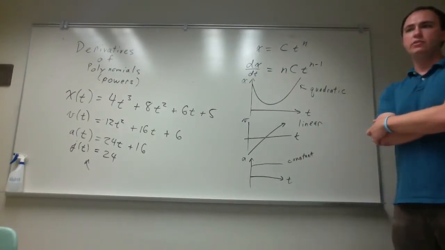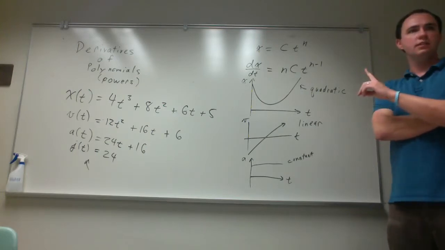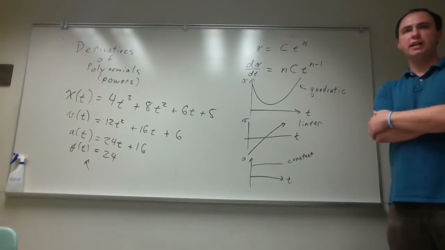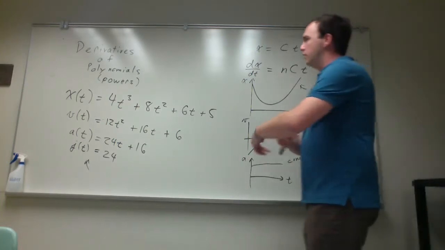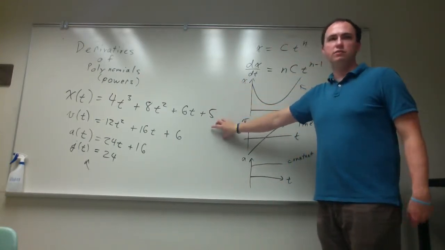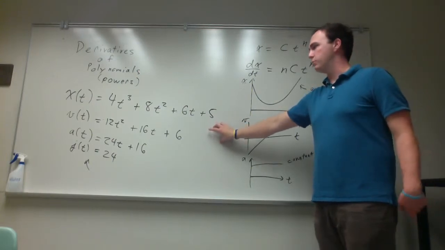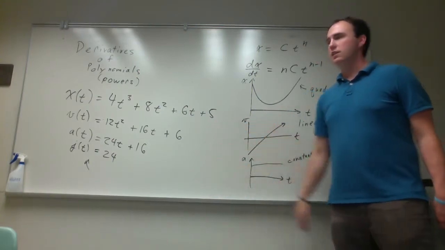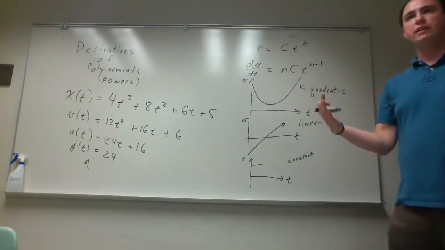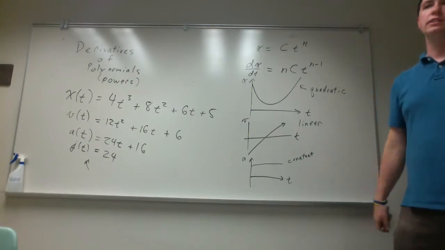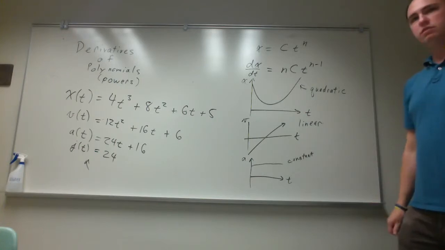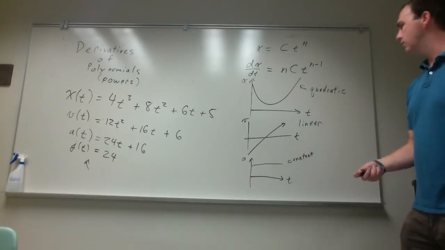So those are kind of the main things, right? Understanding that the derivative is how something changes with respect to time. So in our case, how your position changes with respect to time is called velocity, and how your velocity changes with respect to time is called acceleration. So those three have that derivative relationship, and then being able to identify graphically whether the derivatives are positive or negative is important.